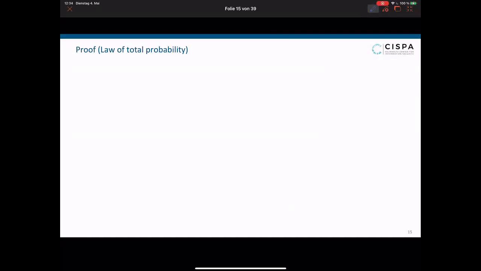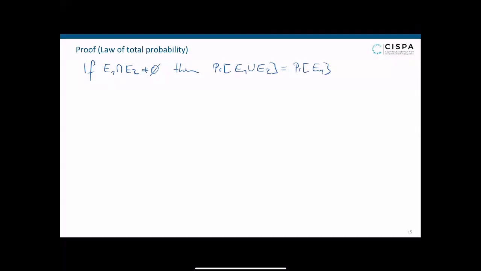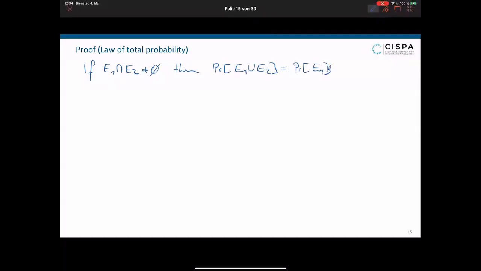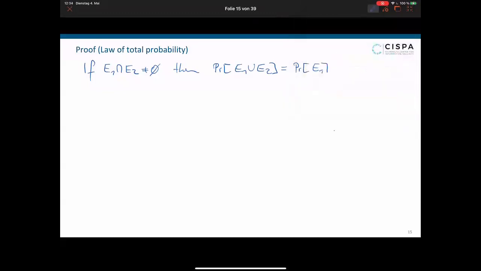So we've seen that if, let's say, two events E1 and E2 have an empty intersection, then the probability of E1 union E2 is just probability of E1 plus probability E2, right?